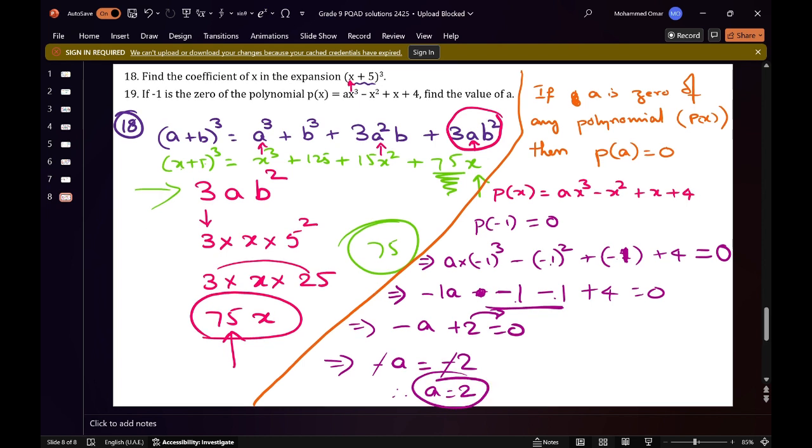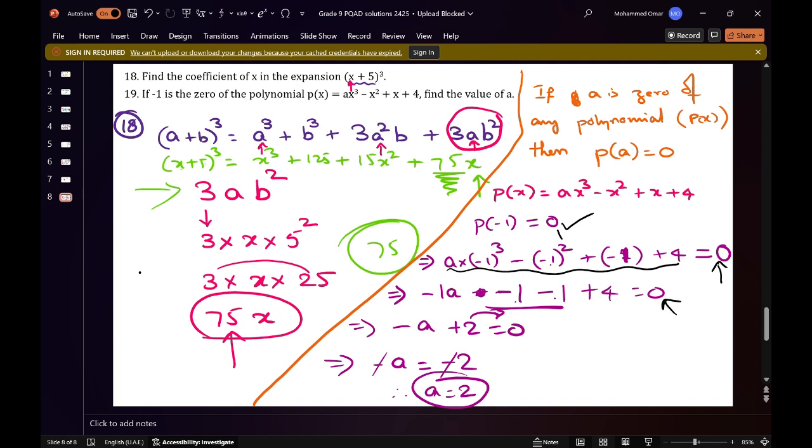Got it? So this is from polynomials. Please write the steps. You will make mistakes over here. Let me highlight them with black. See, you make mistakes here. P of minus 1 is equal to 0, right? This step you will write. But after you substitute, you forget to write is equal to 0.